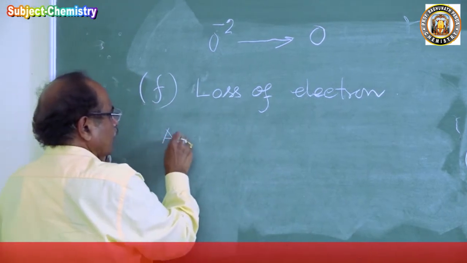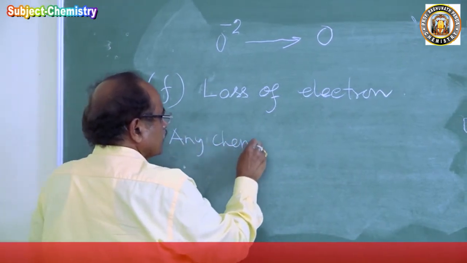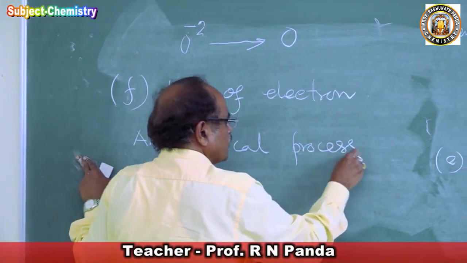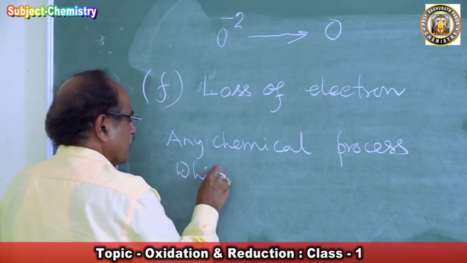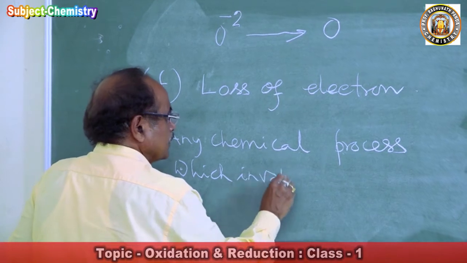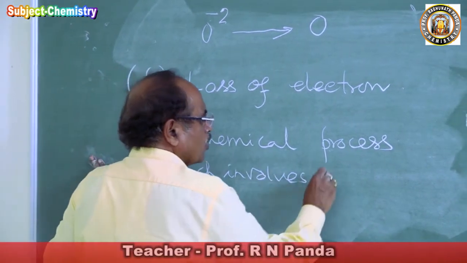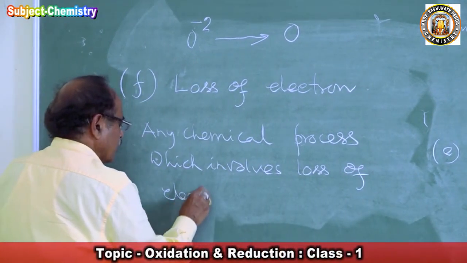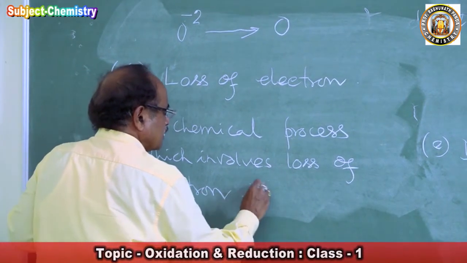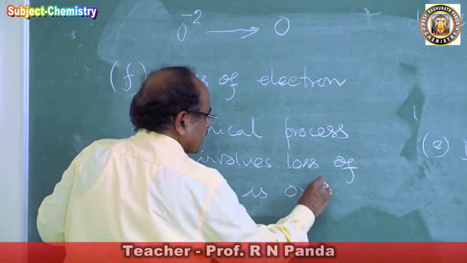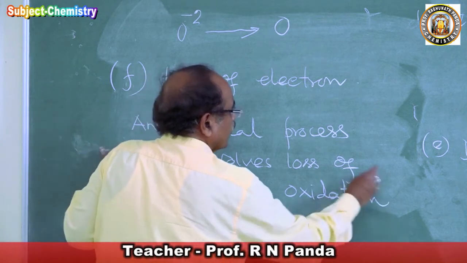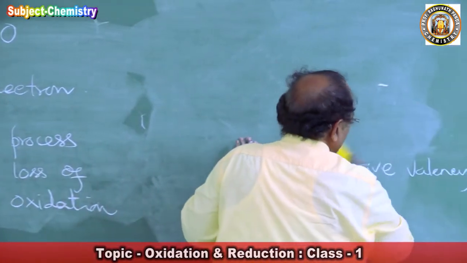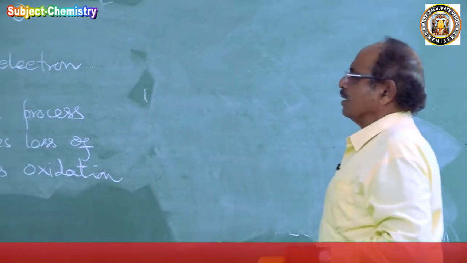Any chemical process which involves loss of electron is oxidation. If in any reaction an atom is losing electron or an ion is losing electron, then it is called oxidation.